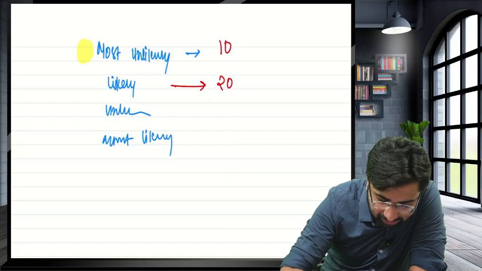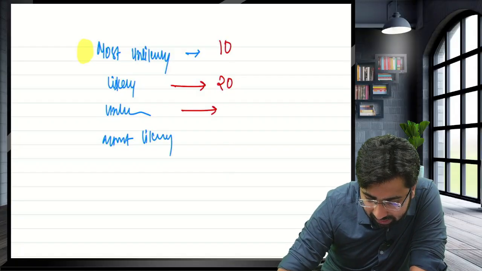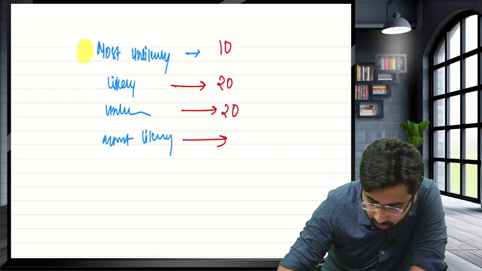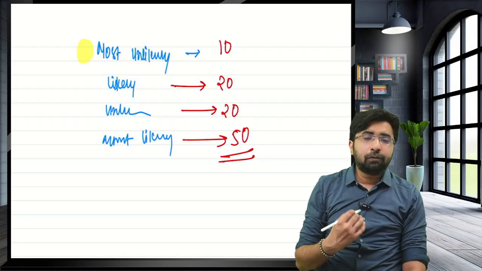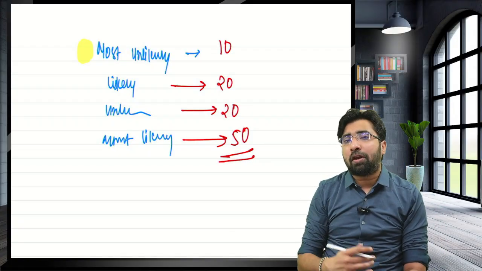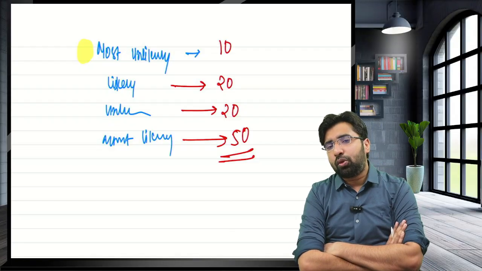Unlikely was said by 20 students again. And 50 students said most likely, yes, Aman sir, you should go for it. So now, which measure of central tendency should I prefer to take my decision: mean, median, or mode?